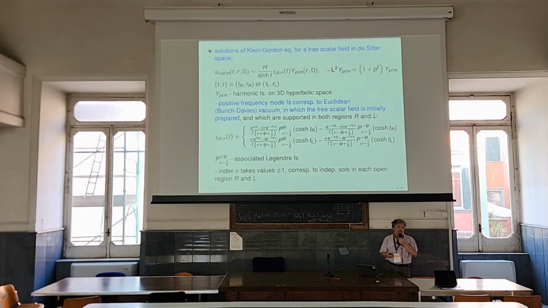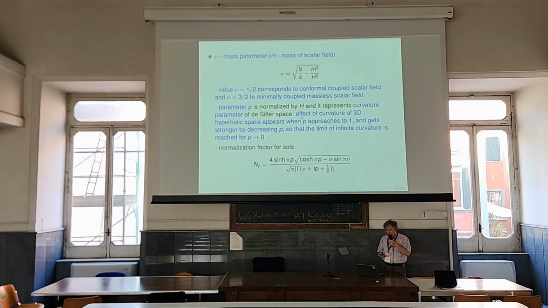I will very briefly describe the problem of quantum field theory in the de Sitter space. In this theory, they introduced this special quantity, which is called the mass parameter, and the parameter of curvature.